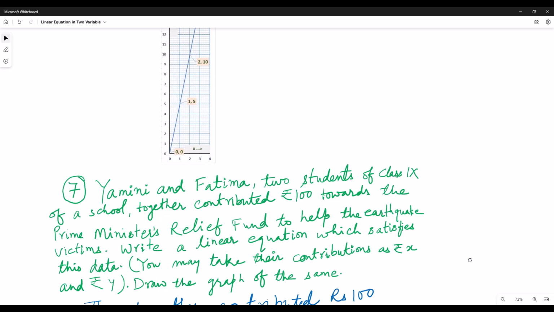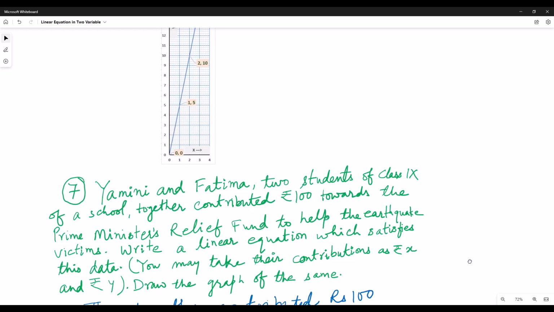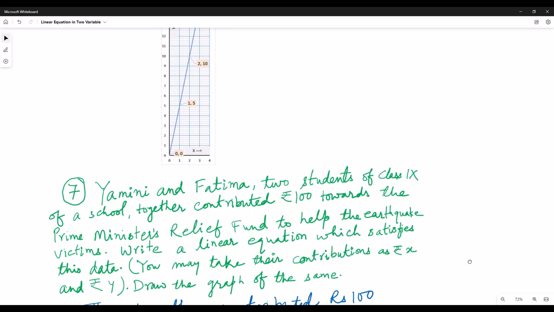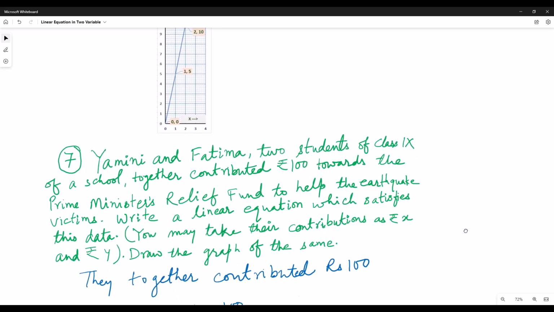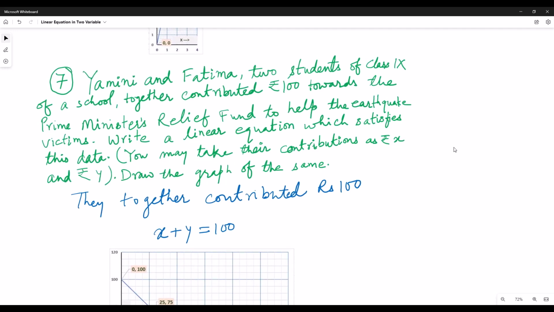We know that together the two persons have contributed rupees 100. We do not know how much each of them has contributed individually, but together they have contributed 100 rupees. So let us say that Yamini contributed x rupees and Fatima contributed y rupees. Together they have contributed 100 rupees, so x plus y is 100.